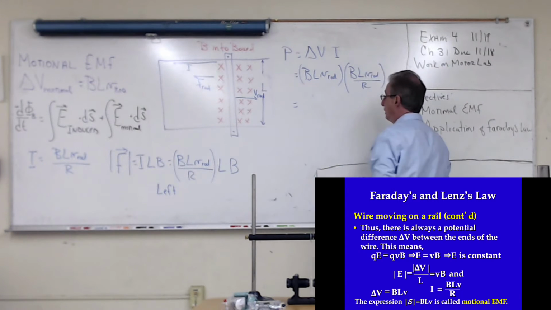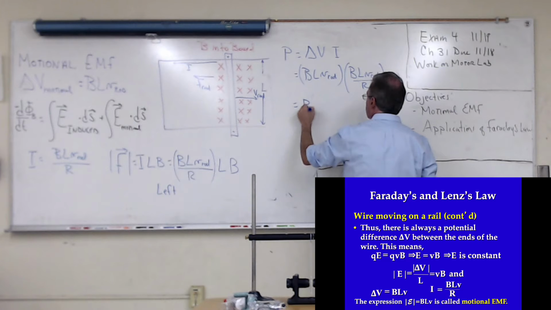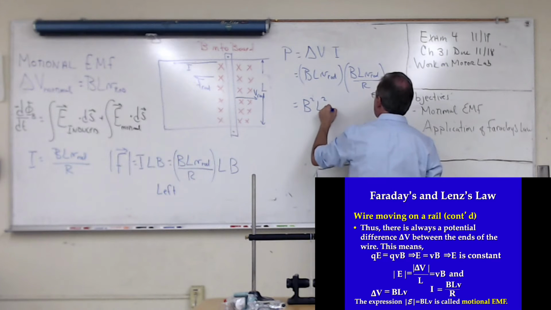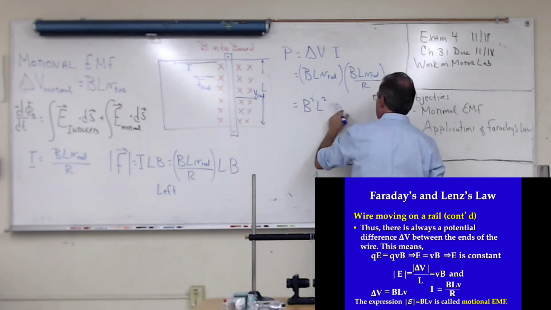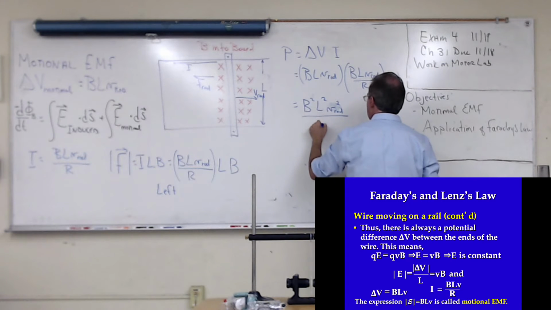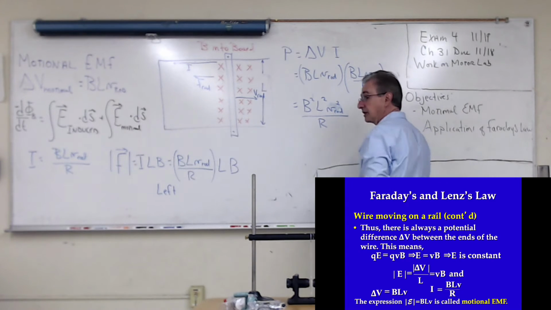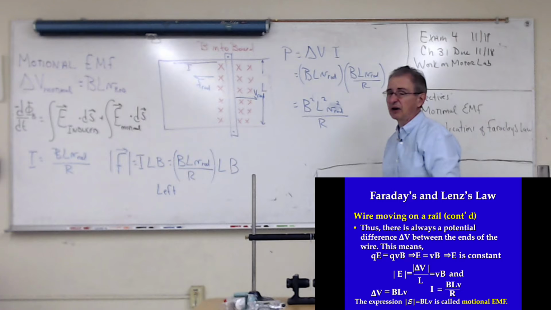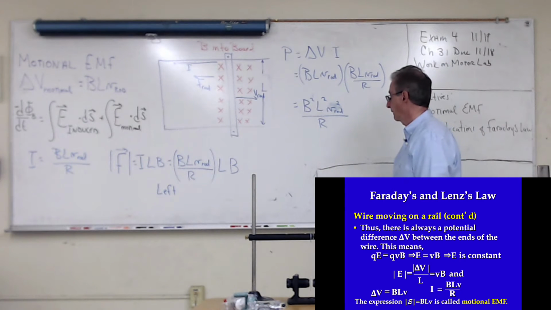This comes out to be B squared L squared V rod squared over R. So this is the power dissipated by that circuit. It's probably a small number. We'll put some numbers in a minute. But that's what it is.